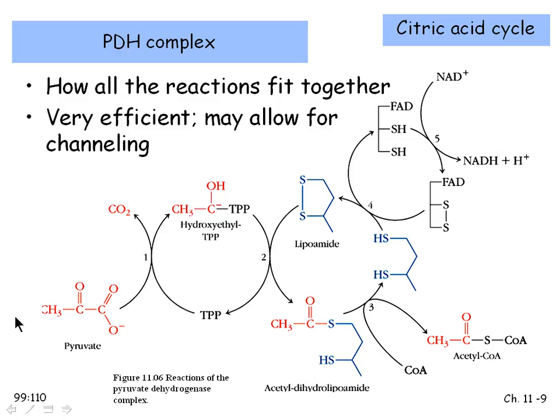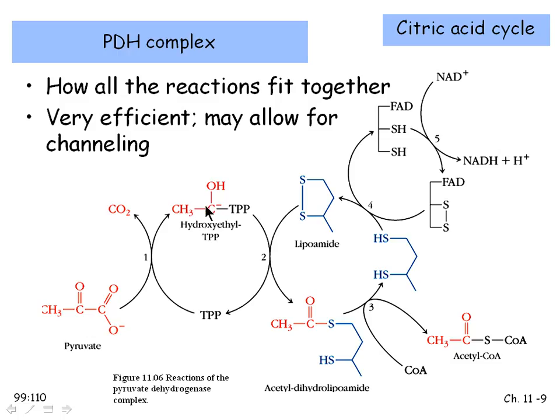Here's your pyruvate, the 3-carbon molecule, oxidized at one end, reduced at the other. And in the first reaction, the thiamine is going to pick that up and attach it to the enzyme. So now we have the 2-carbon fragment on the enzyme, and that reaction is driven by the loss of the carbon dioxide.